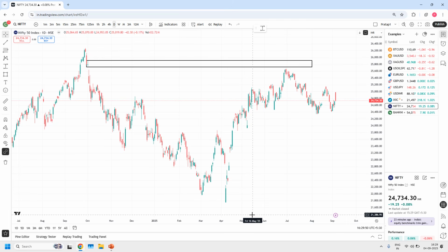Okay, hope this practical session will help you understand the real meaning of institutional imbalances. Based on that, how we are identifying demand zones and supply zones. Of course, for demand and supply zones, there are some more rules you need to learn, so that we can accurately draw the zones, which you will be seeing in the next lesson.